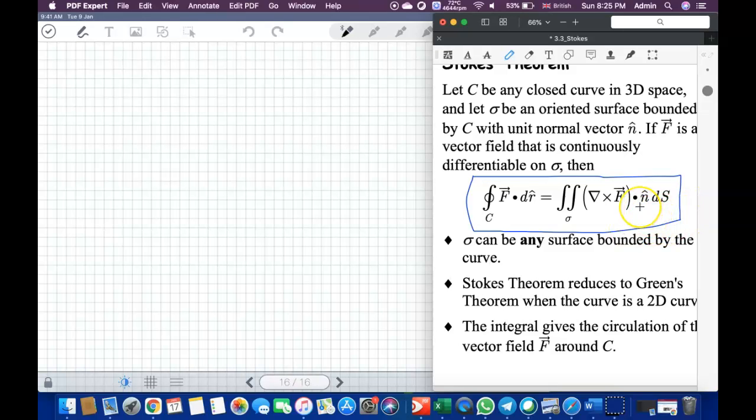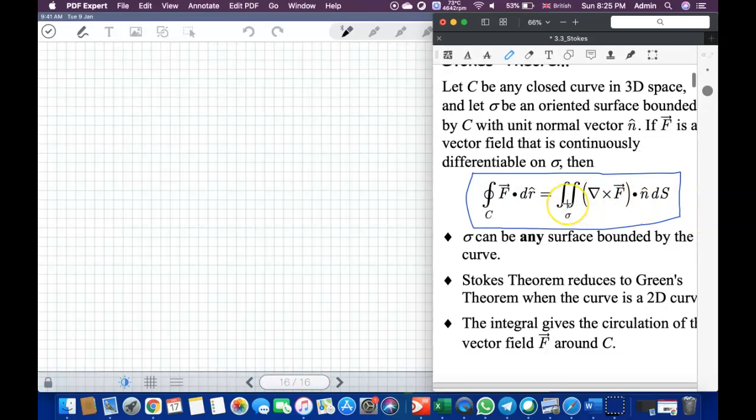Now for Stokes theorem, it's not something with an easier way to be done. It depends on the situation.